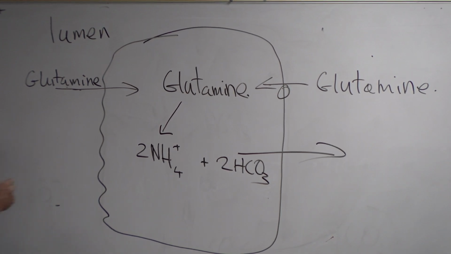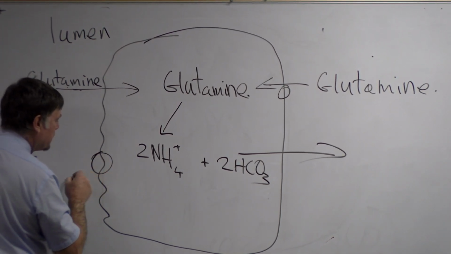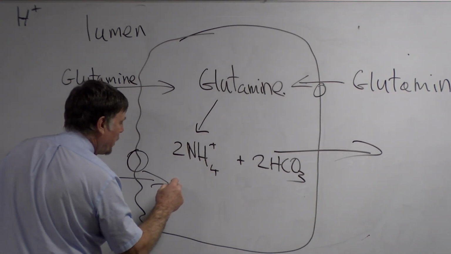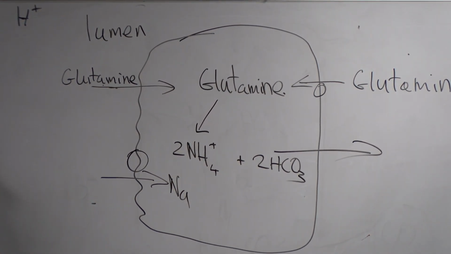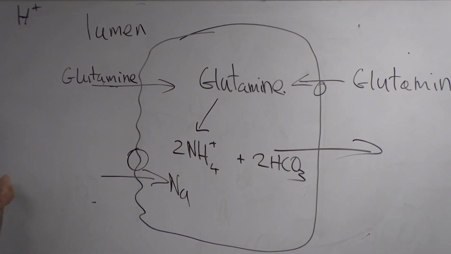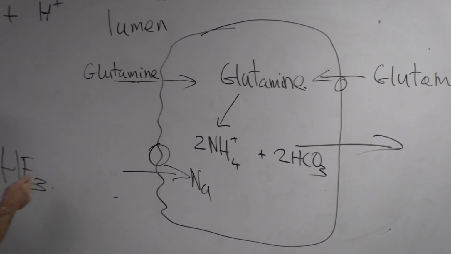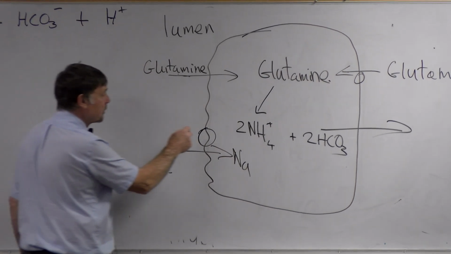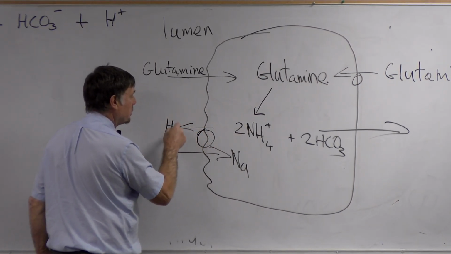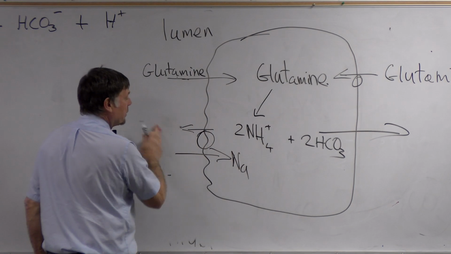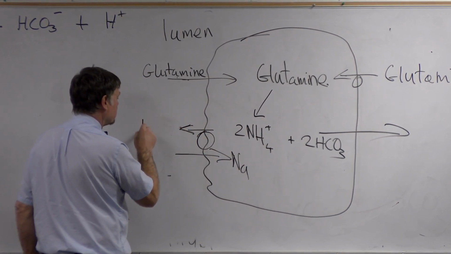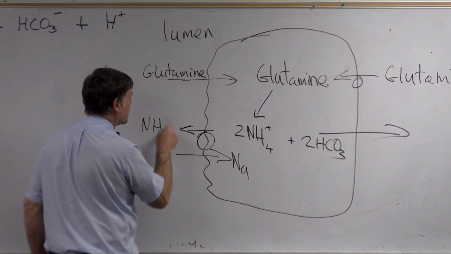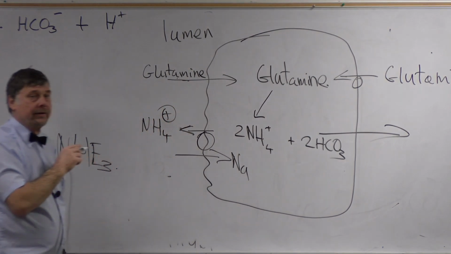And this guy can actually take a ride on the sodium hydrogen exchange 3 pump, the same one that pumps protons. But in this case, the ammonium can take a ride on it. It's basically protonated ammonia.